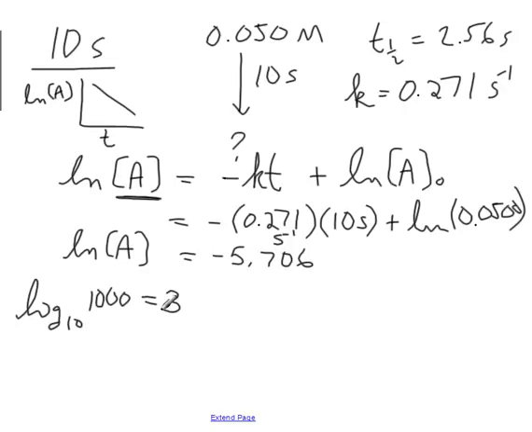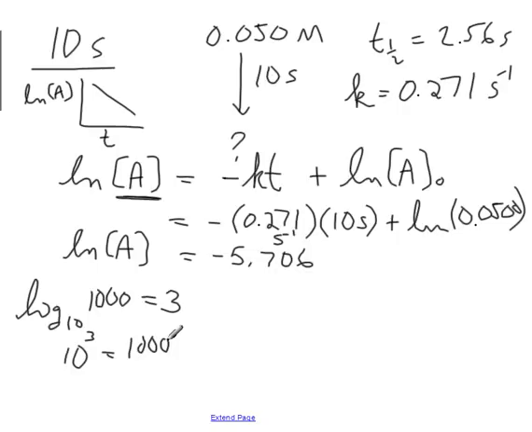Because 3 is the exponent that 10 gets raised to give 1,000, right? But notice you can switch from this logarithmic form into an exponential form. You can say that 10 to the power of 3 is 1,000, right?